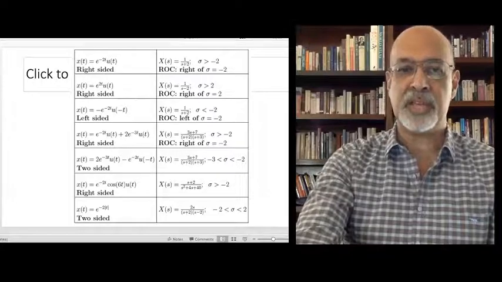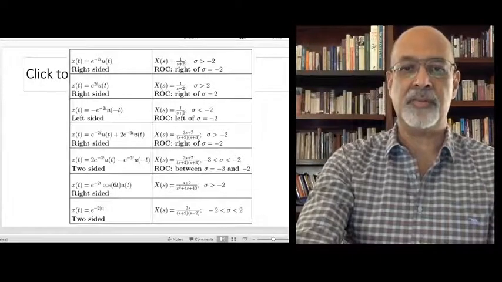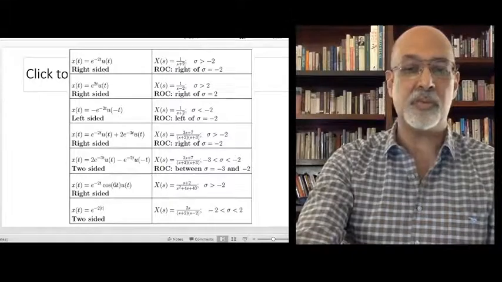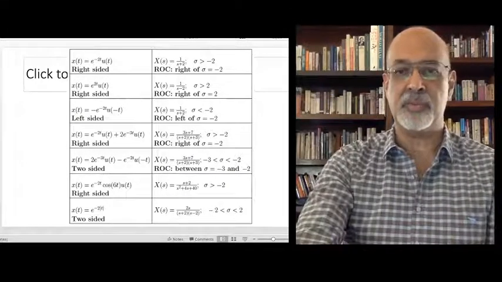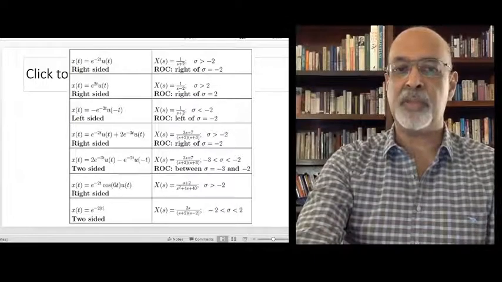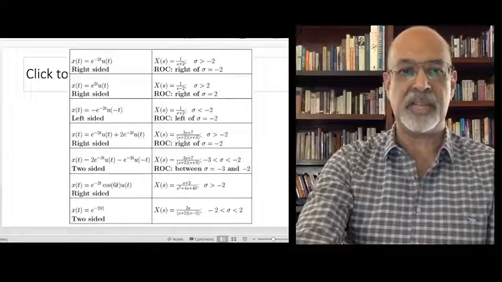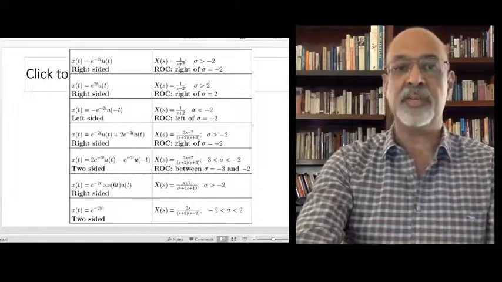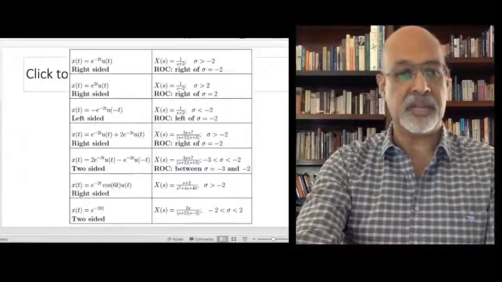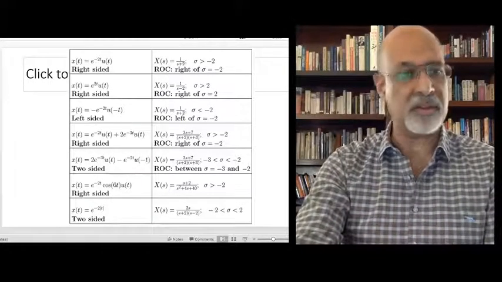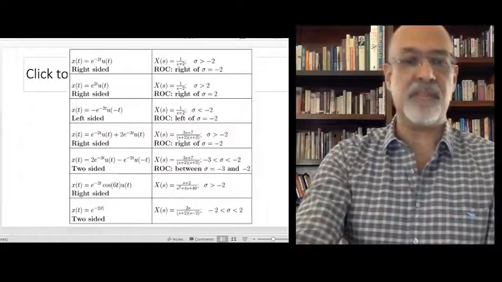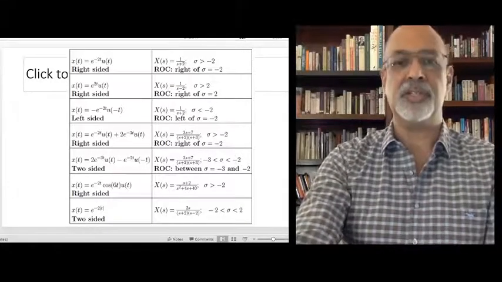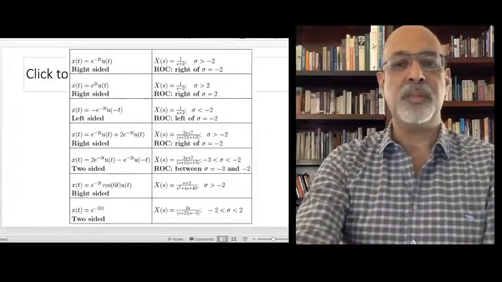When you get a two-sided function, you get a region of convergence which is between two boundaries, in this case between sigma equals minus 3 and sigma equals minus 2. That's because 2e to the minus 3t u of t was a right-sided function, so its region of convergence was to the right of sigma equals minus 3, and e to the minus 2t u of minus t was a left-sided function, so its region of convergence was to the left of minus 2.